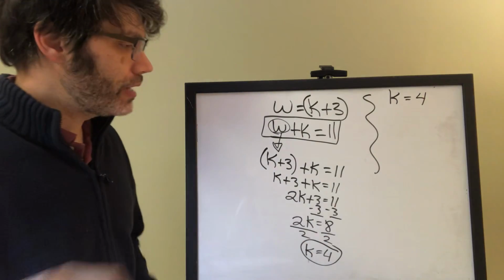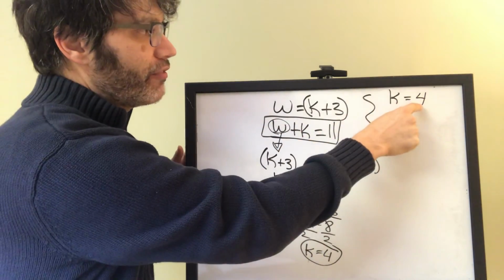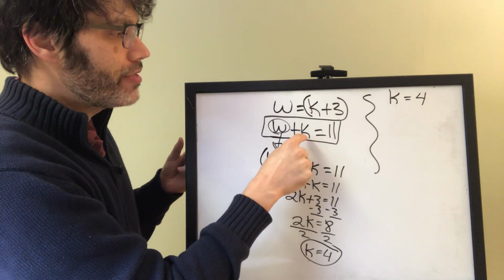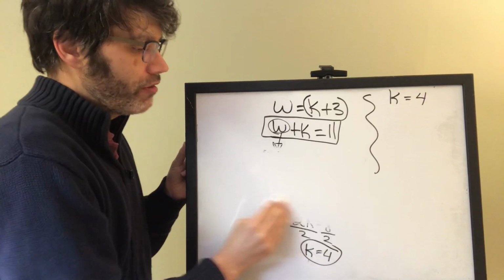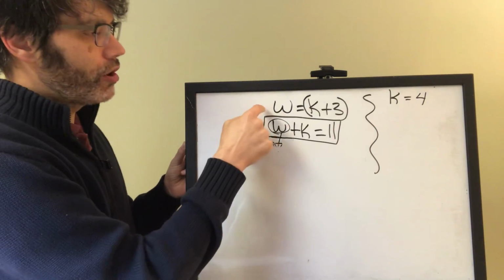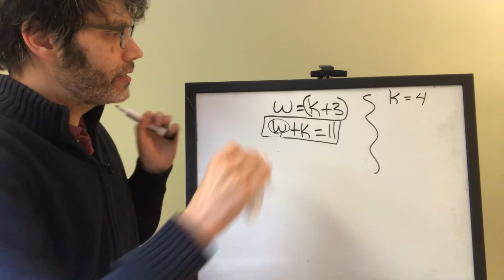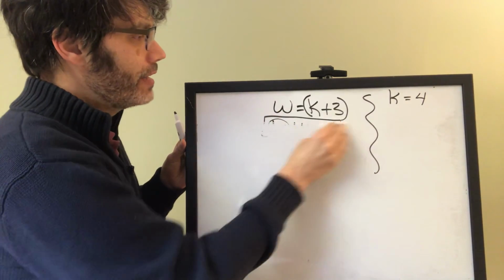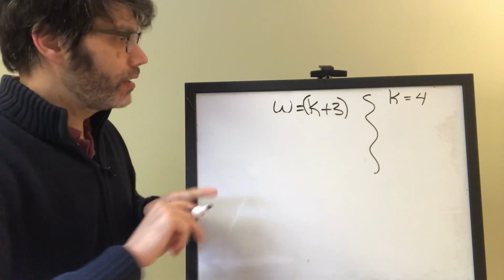In order to find out what w is, what I would suggest is, while you can plug 4 in for k either here or here, wouldn't it be easier to solve for w when w is already isolated? So I would plug 4 in for k in this top equation.